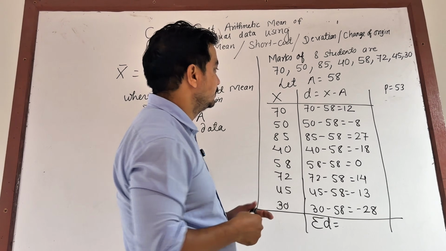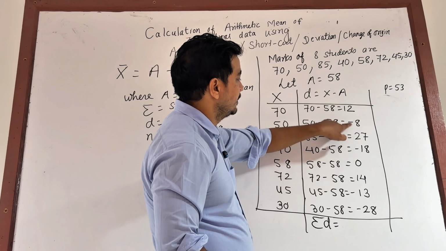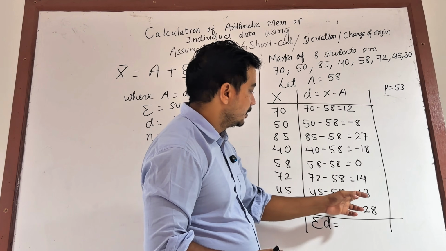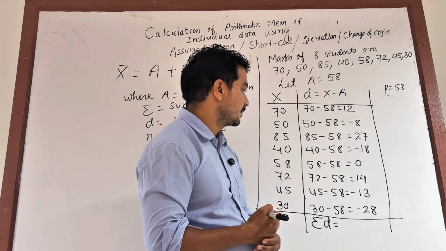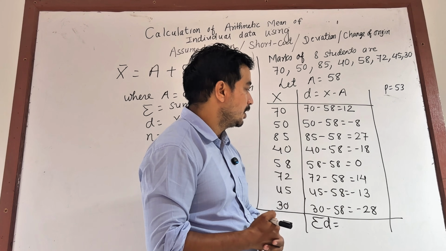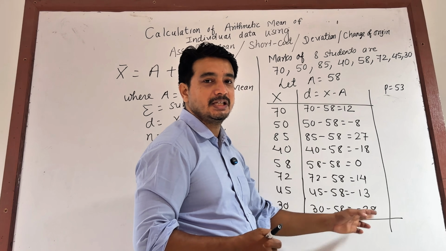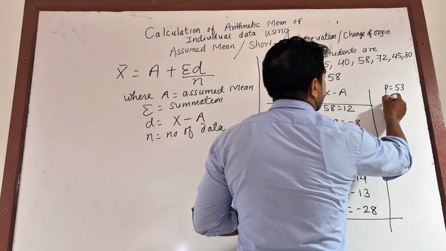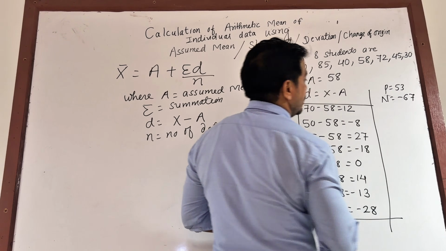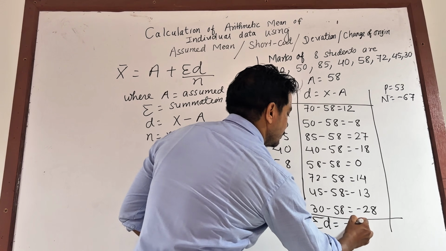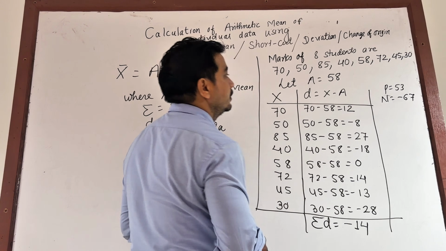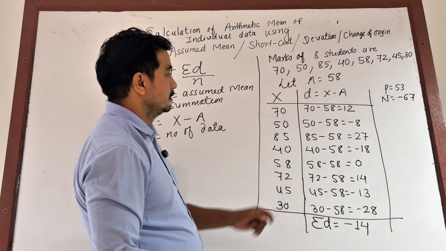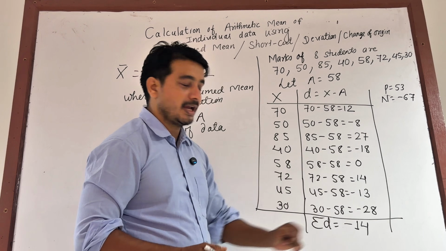Now you add the negative values: 8 and 18 is 26, 26 and 13 is 39, 39 and 28 is 67. So the negative total is minus 67. Adding them, summation d is minus 14.